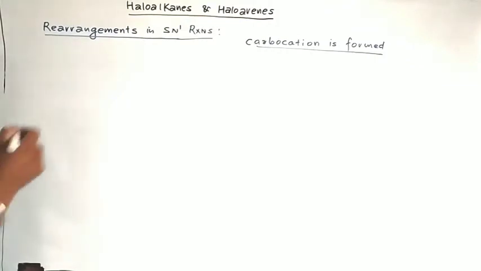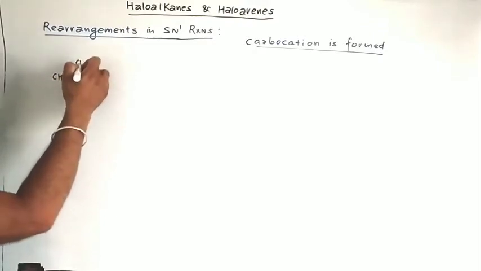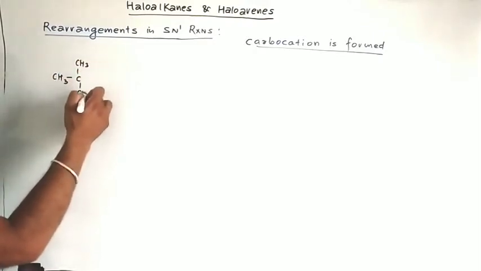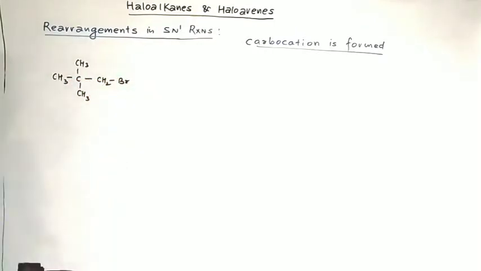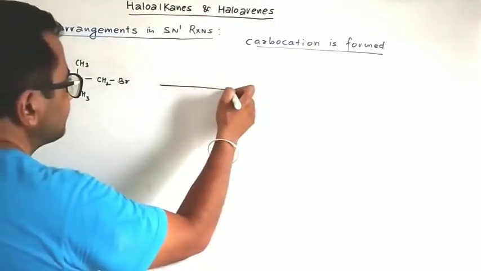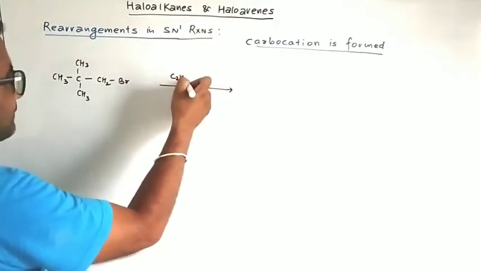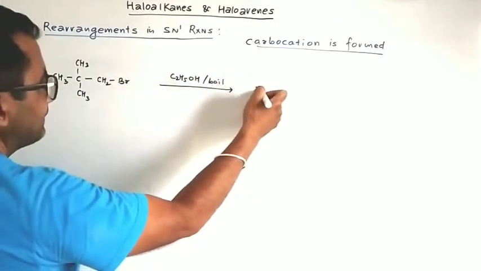For example, if we start with this reaction, say this, and we add to it C2H5ONa, boiled.